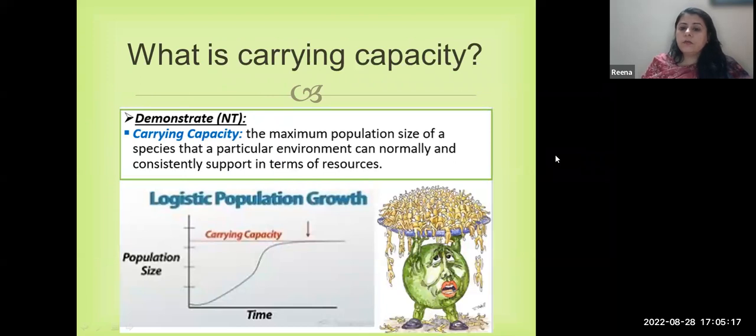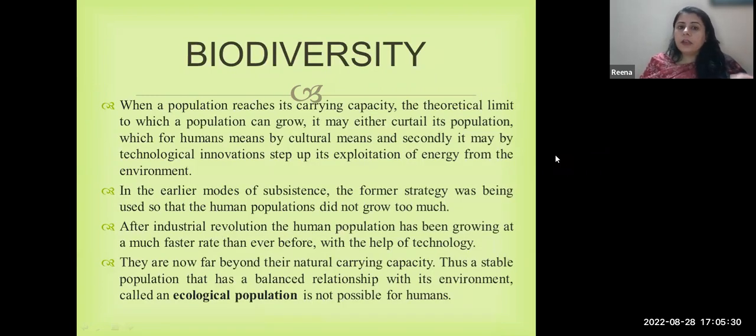So basically we are creating a burden on all ecosystems, be it our rivers, be it marine life, be it air, be it our soil ecosystem. So when a population reaches its carrying capacity, it causes many reasons for exploitation of energy from the environment.